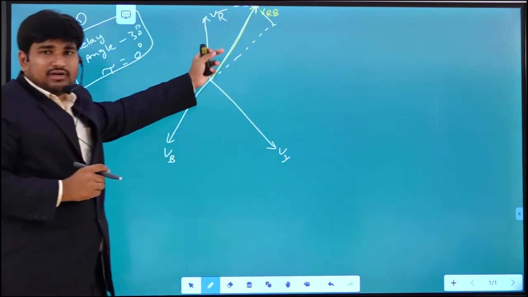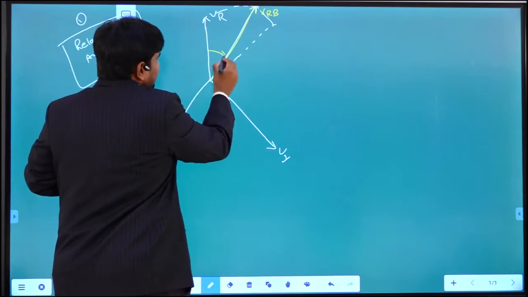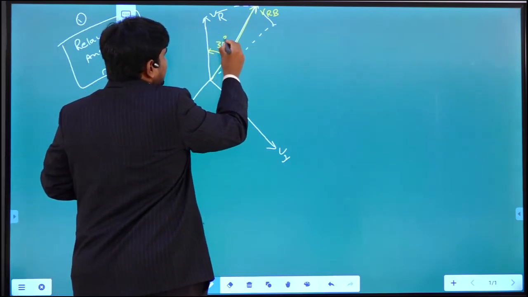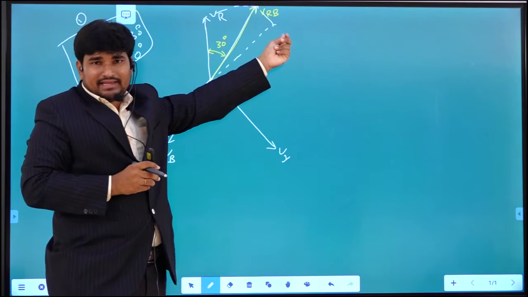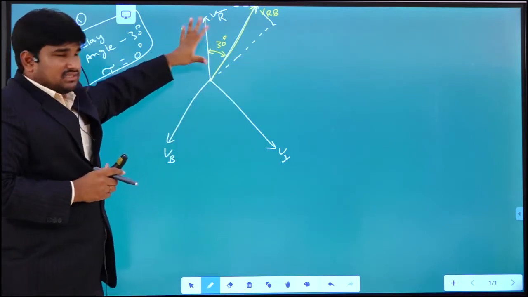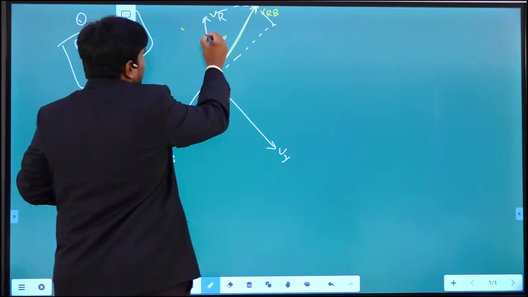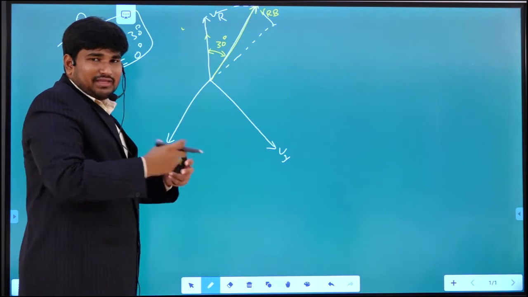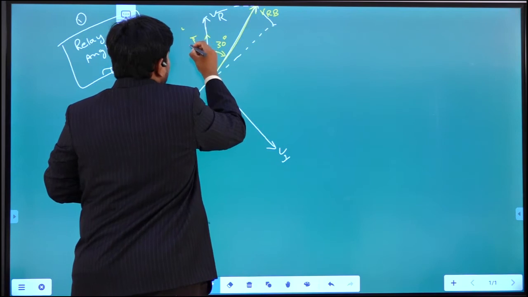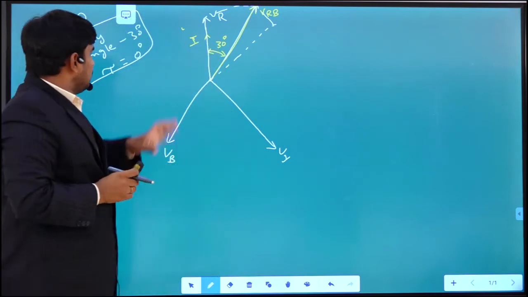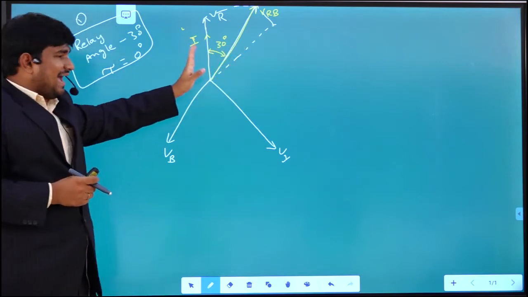You can see this is the 30-degree angle between VRB, that is the line voltage, and the phase voltage. For unity power factor, as we have discussed, the current flowing through the CT is also in phase with VR. That's why this is I. Now we can justify the angle between VRB and I is 30 degrees.